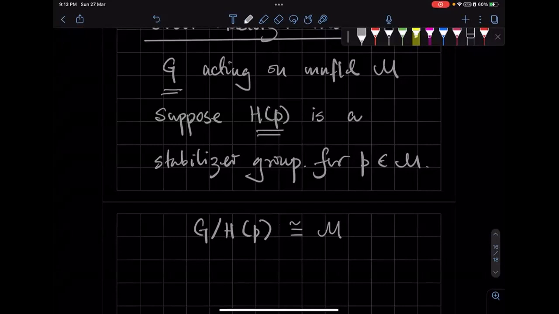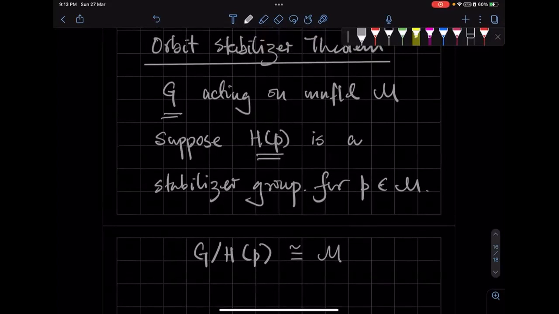You can identify the coset space with the manifold. This is not a homomorphism because M is not a group, but they can be identified. So this is the orbit stabilizer theorem.